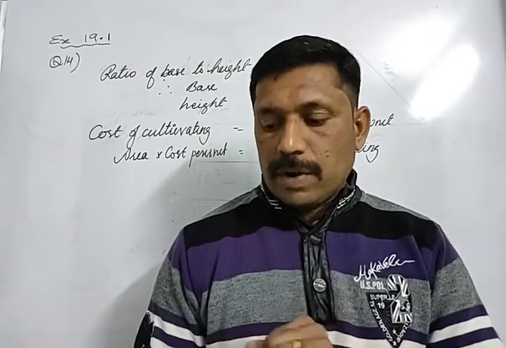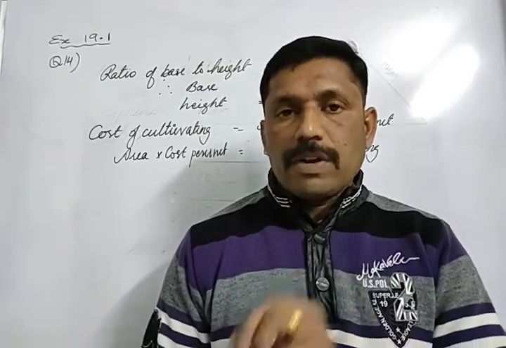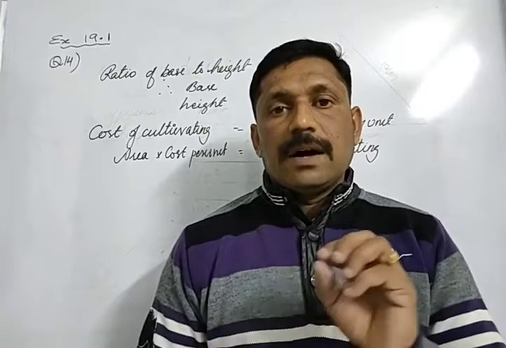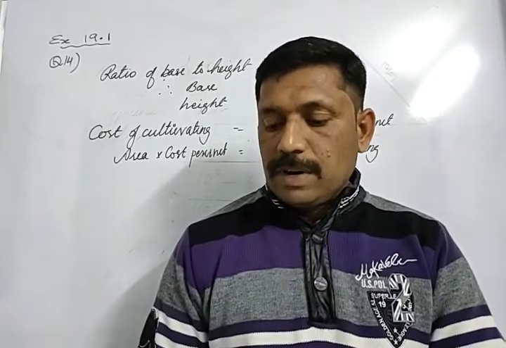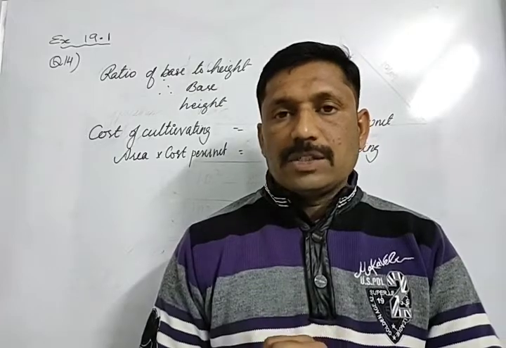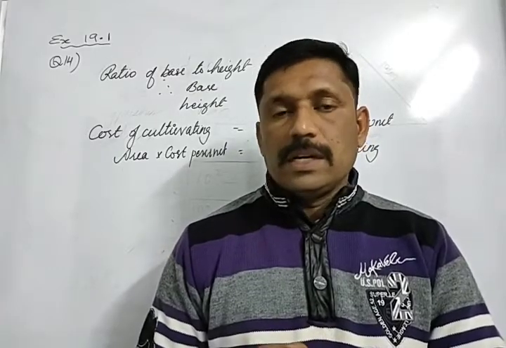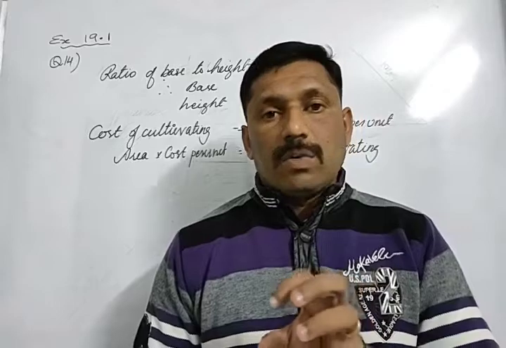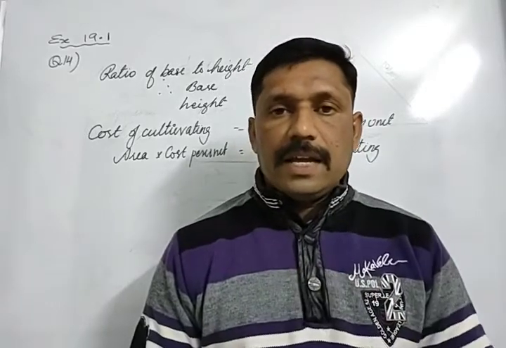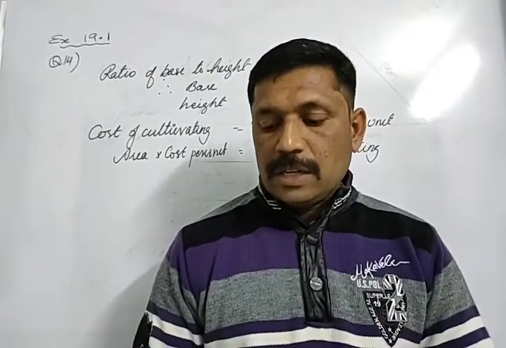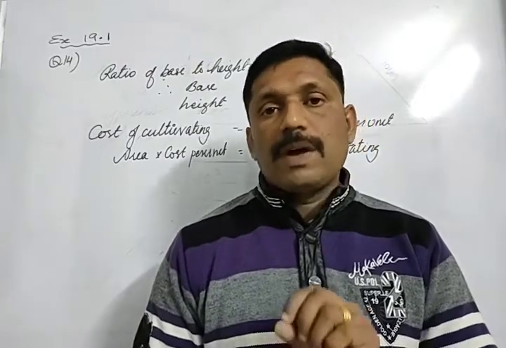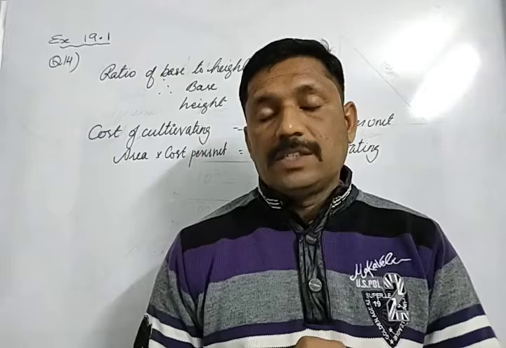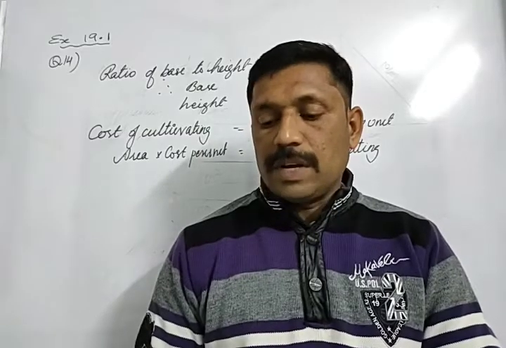That means 9,450 is the product of area and cost per unit. Cost per unit is given, total cost is given, but area is not given. So if we divide the total cost by the cost per unit, we get the area. And that area is equal to half into base into height. By using that formula, we can find the base and height.